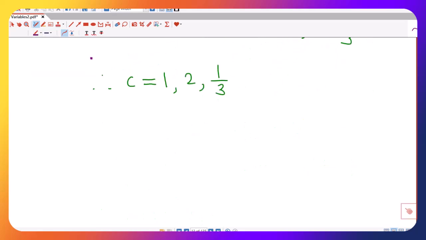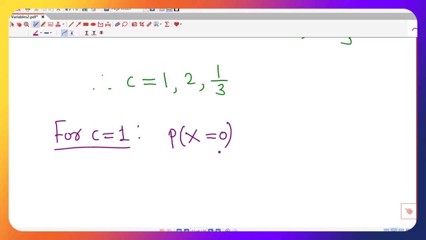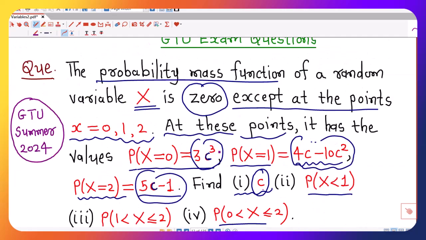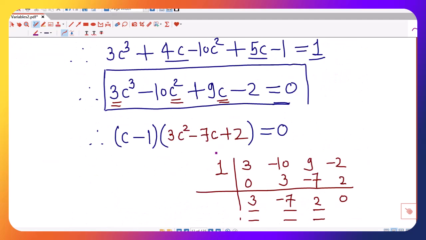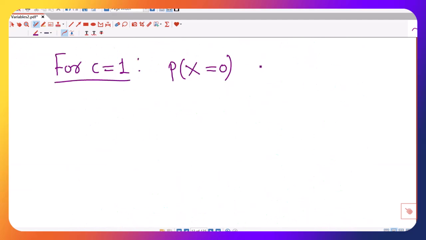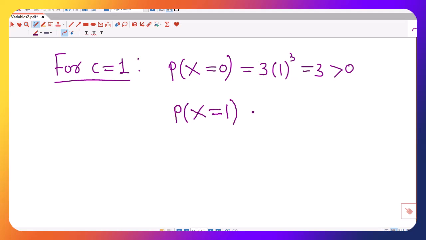So let me check for c equal to 1 first. For c equal to 1, we find out probability of x equal to 0. It is given as probability at x equal to 0 is 3 times cube of c. So if I put c equal to 1, I will have 3 times cube of 1, that is 3, which is non-negative. Now I check for x equal to 1.